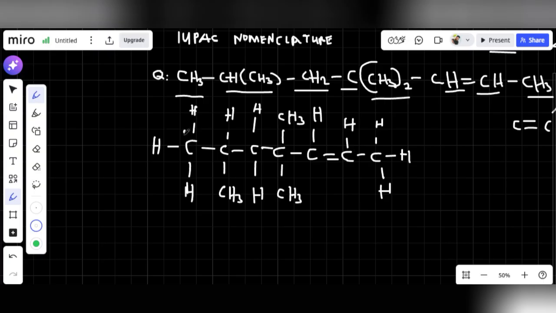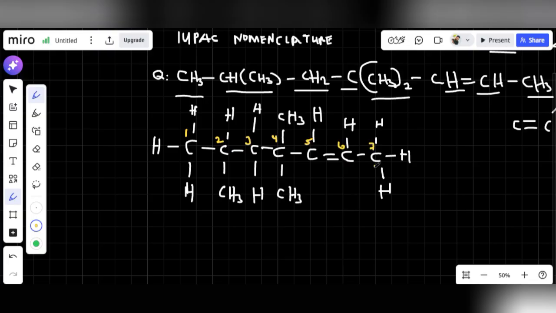So don't count 1, 2, 3, 4, 5, 6, 7 in that direction, because if you count that way, the double bond is attached to carbon 5.